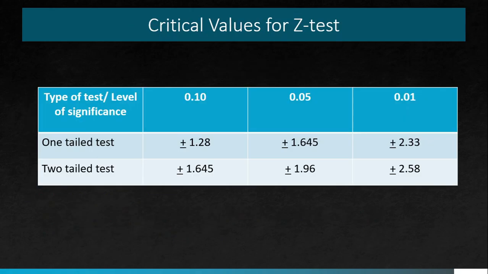Before that, these items are very essential in terms of your hypothesis testing using the z-test. This table is considered to be your table for critical values for the z-test, in which, based on your level of significance and level of test, or depending on your hypothesis whether it's directional or non-directional, you will be identifying the tabular value.